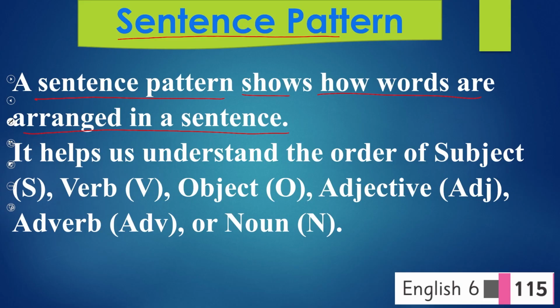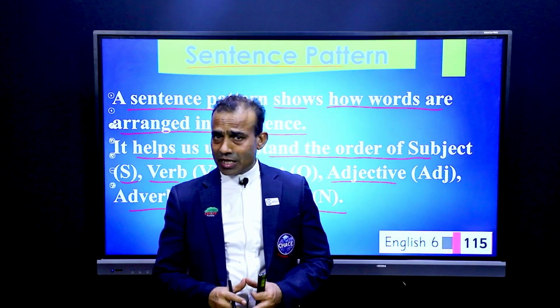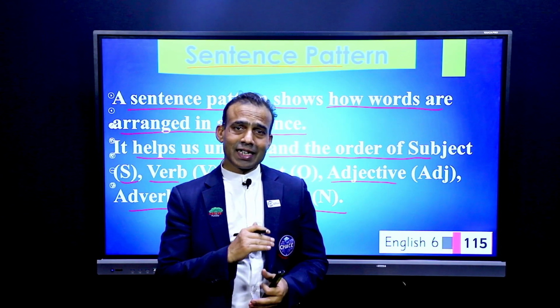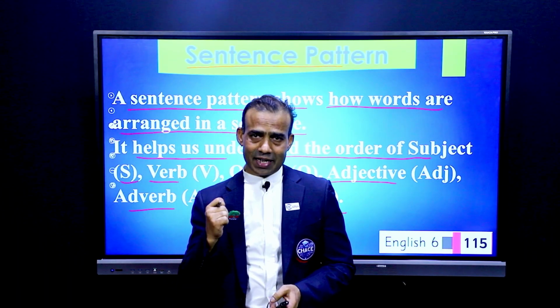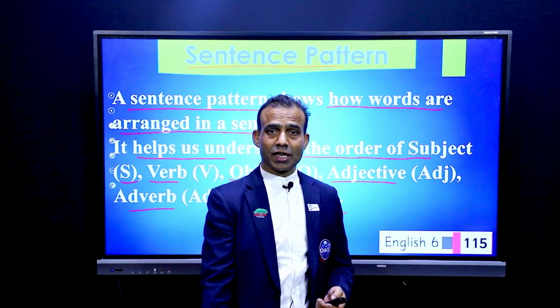It helps us understand the order of the subject, verb, and object, adjective, adverb, or noun. So simply we can say sentence pattern is about the arrangement of the words in a sentence, like those we have already discussed. Now let's move to the next slide.